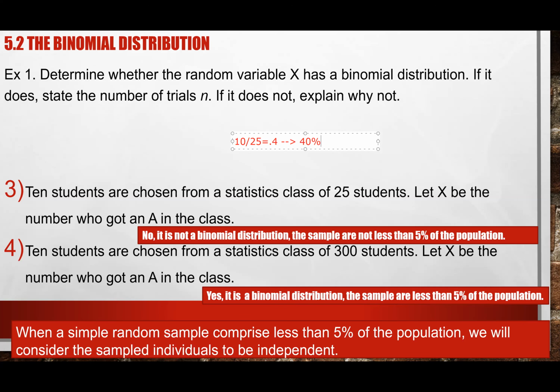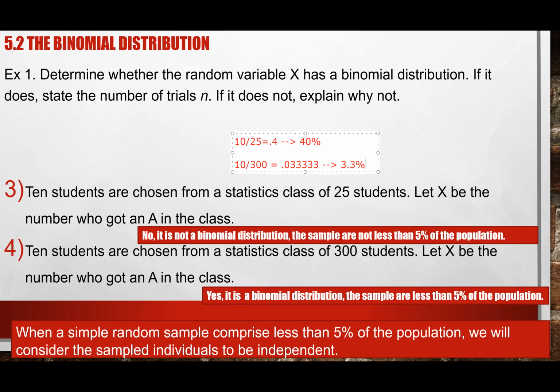And if you take number 4, 10 divided by 300, this gives you 0.03333, in the sense that this is roughly 3.3%.